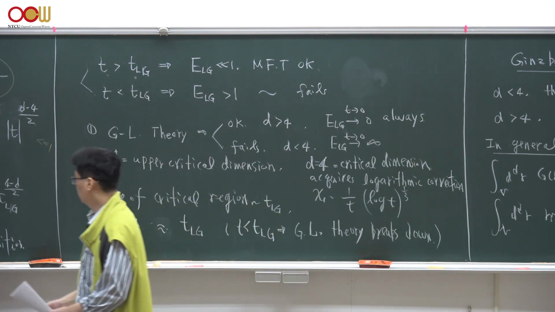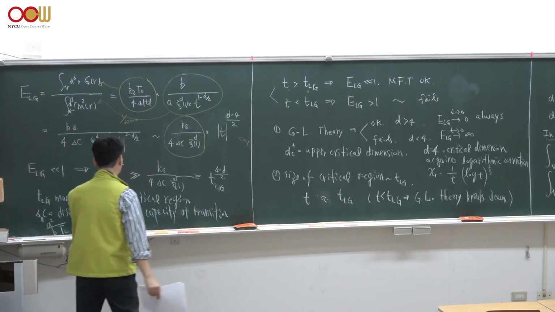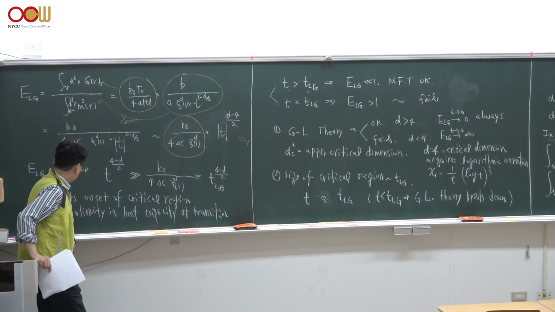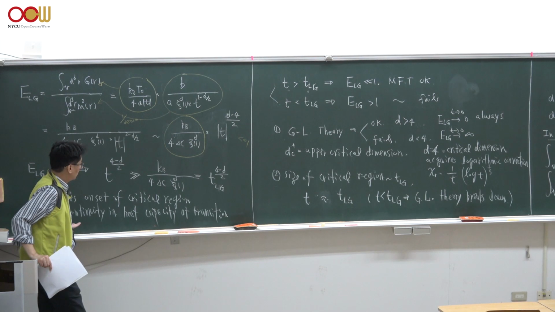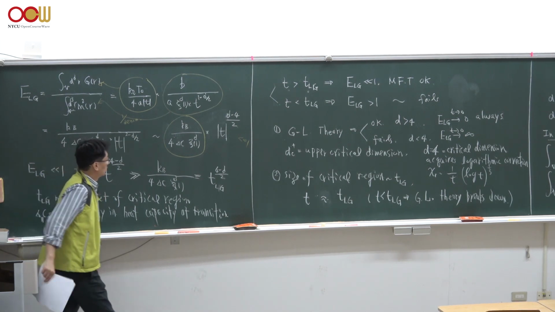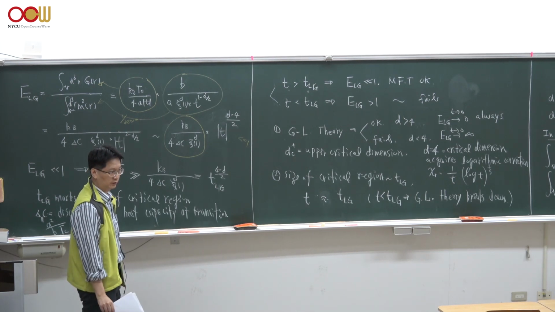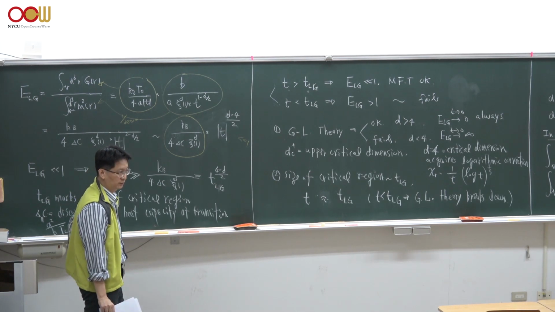In other words, the t_GL marks the onset of the critical region. So for any reduced temperature below this onset of the critical region, the Ginzburg criterion fails and mean field theory also fails.